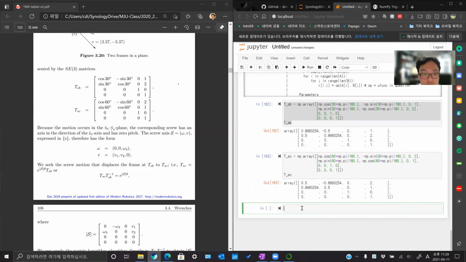Okay, then we should calculate TSC multiplying TSB inverse. In this case, we can use MR transinverse.